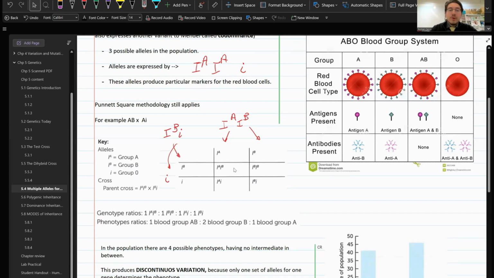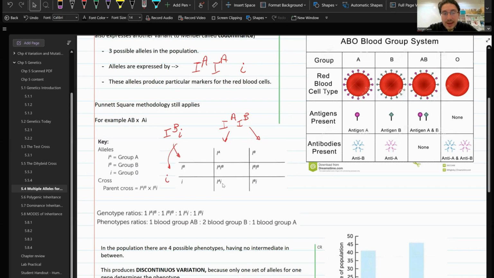In this particular quadrant, you'll have a probability of getting a B blood type. You can have in this quadrant BB, which would just become B blood type, right? And so forth.